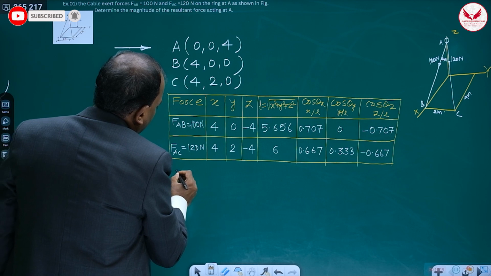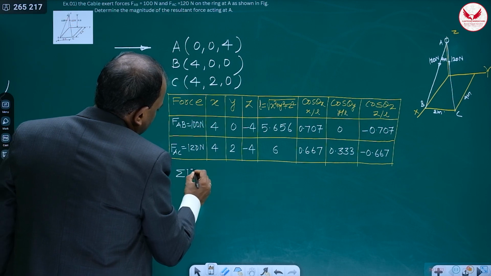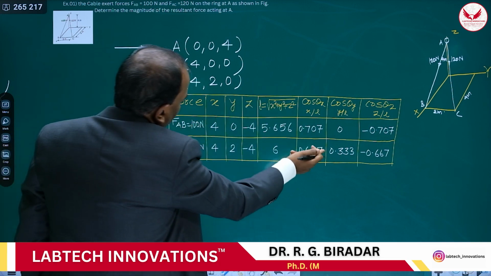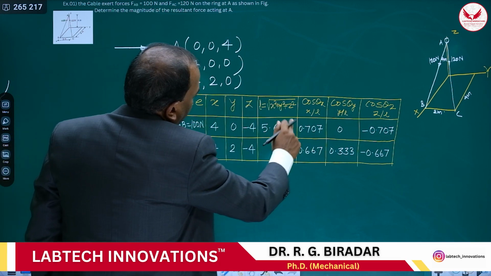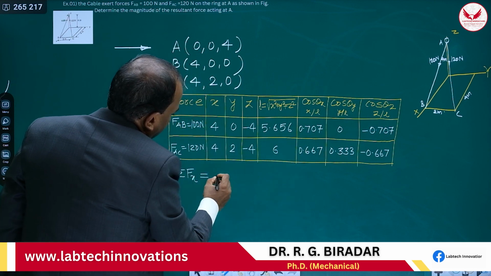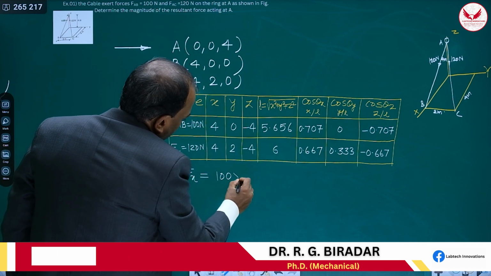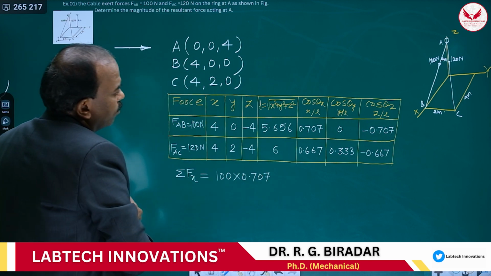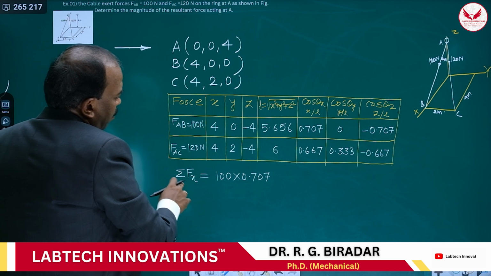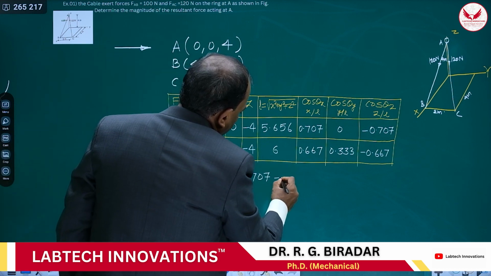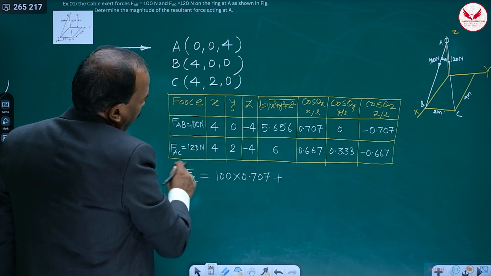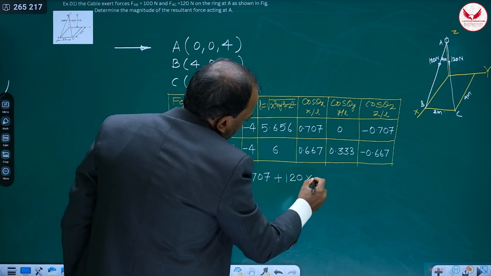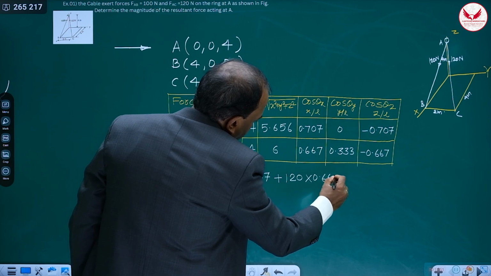For example, summation Fx means its first force times its cos component: 100 cos theta x, that is 100 into 0.707. Correct. Then plus 120 into 0.667.